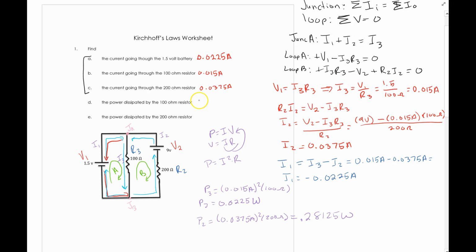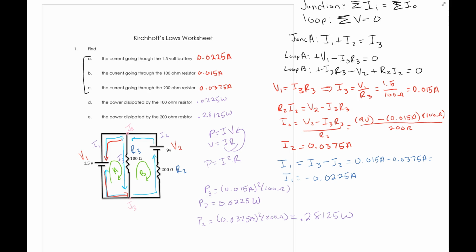All right, so this is 0.0225 watts, and this is 0.28125 watts.